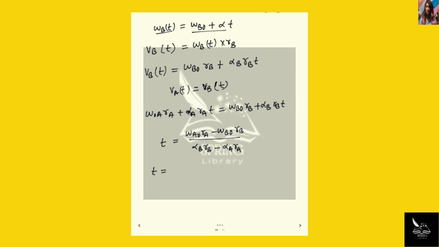Okay, so now substituting the values in this equation, omega A naught is equal to 0. So 0 minus omega B naught, which is 52.3599, that is 500 divided by 60 rps, multiplied by RB, 0.0762 meter, divided by alpha B, which is obtained as minus 0.8727 multiplied by RB, again 0.0762, minus alpha A, given as 3 radian per second square, and RA is 0.0635.